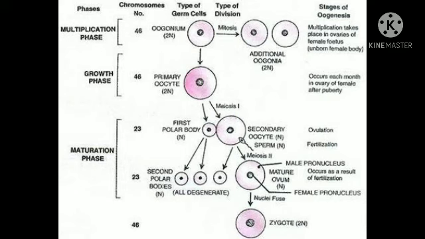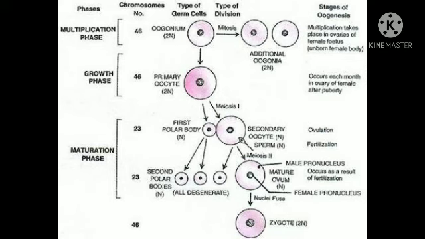Out of those 40,000 follicles, a female can release only about 450 ova throughout her life, because the reproductive life of a female starts at the age of 10 to 12 years and ends with menopause at the age of 45 years. So the total span is about 35 years.